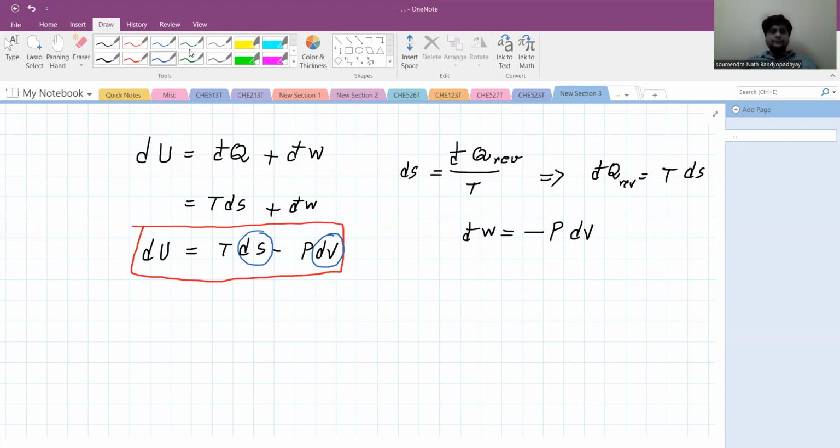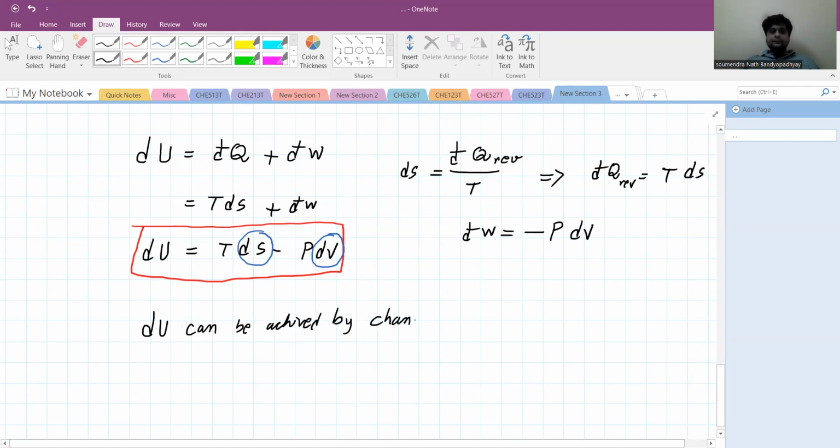So that means you can achieve du by changing entropy or volume, because on the right hand side you do not see a change in temperature or a change in pressure.